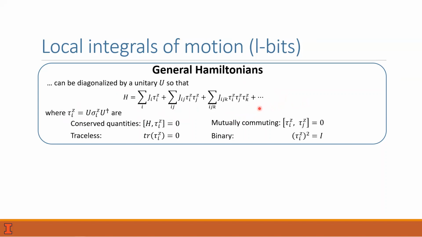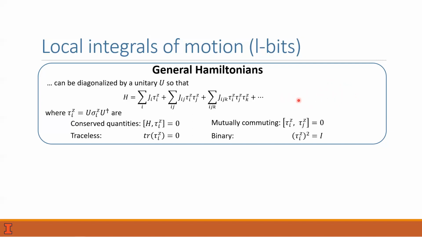This is basically just the form of a diagonal Hamiltonian, written in a certain basis. These tau i z operators have a bunch of properties. They're conserved quantities: they all commute with the Hamiltonian. They mutually commute with one another. They're traceless, and they're binary, so their eigenvalues are plus or minus 1. In general, for a general Hamiltonian, these tau i z operators are very complicated.